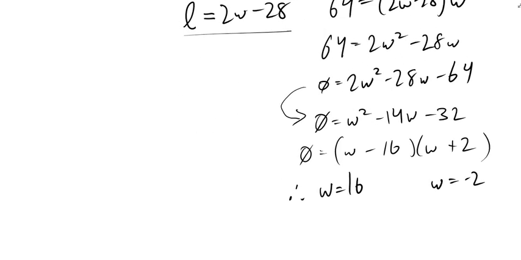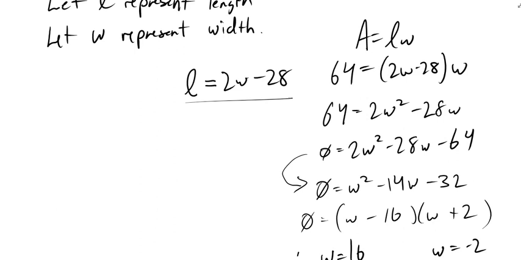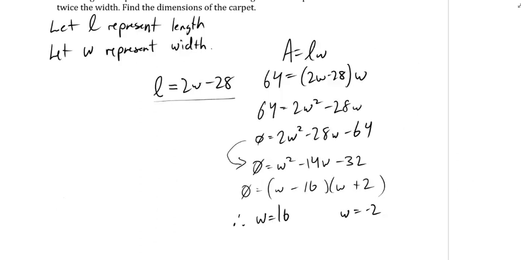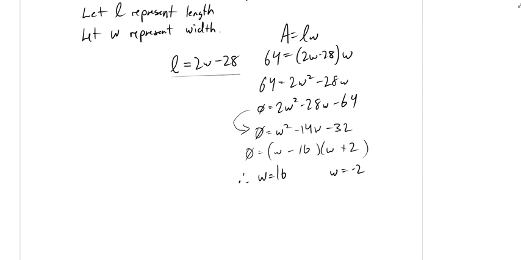Somebody asked, so Madison, the way you did it, where you said let X represent width, and then 2W minus 28 equals. Somebody asked this morning, is it okay to do it that way? Absolutely. You don't have to use two variables. Sometimes I like to use two variables, and sometimes other people do too, because then when I get my width, I immediately know how to go back and find my length.